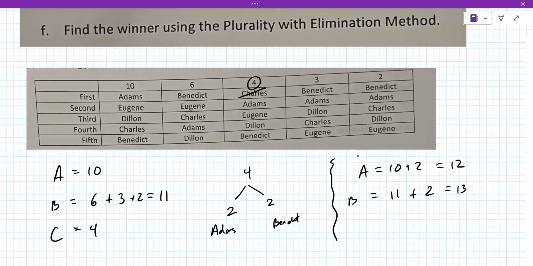And if at any time you have a majority, which is the case here, 13, then you win. Because Charles's votes get equally distributed to Adams and Benedict, Benedict now has a majority of 13.